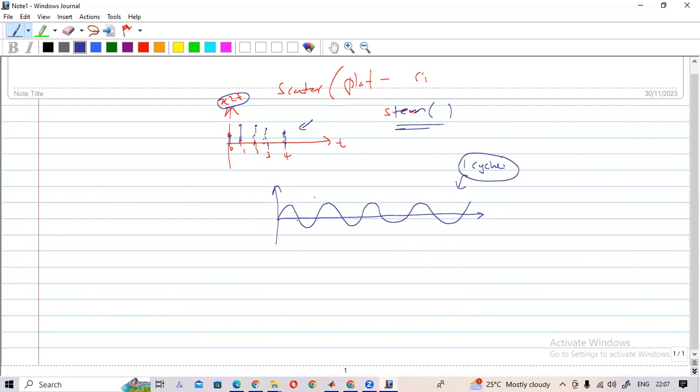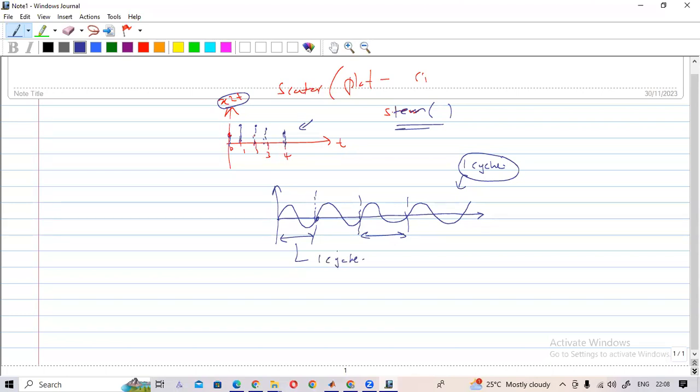If you consider this sinusoidal signal, you can see this part is one part, and it is repeating here. Again, it is repeating. So this is one repeating part, and that one section is called one cycle.